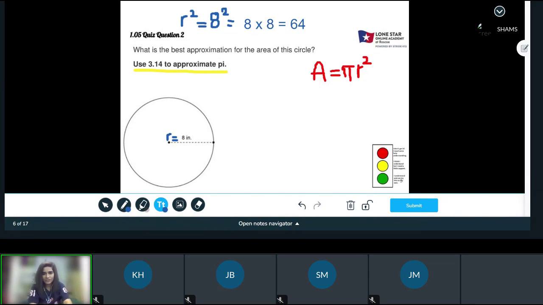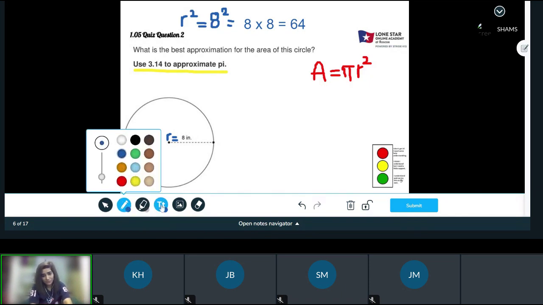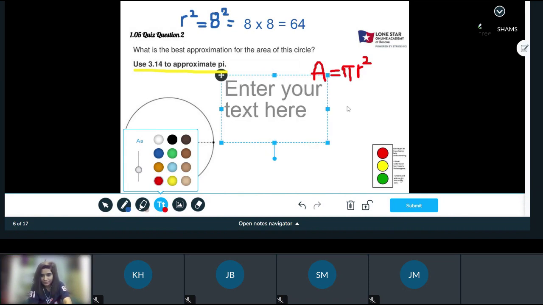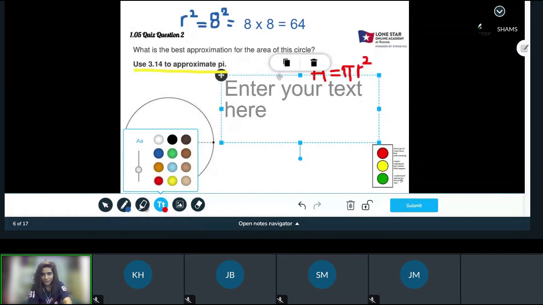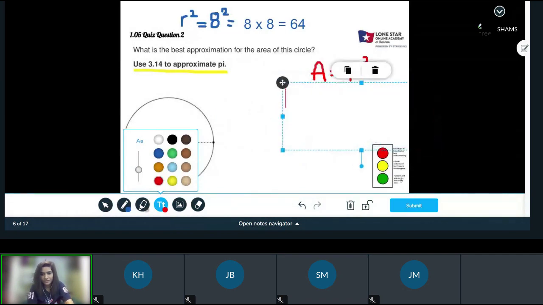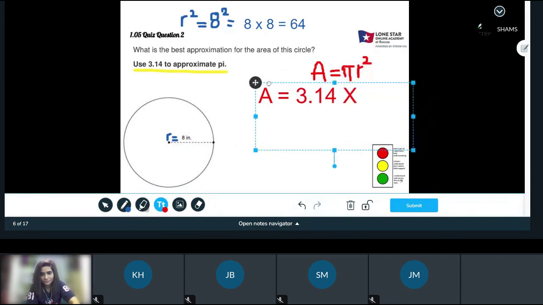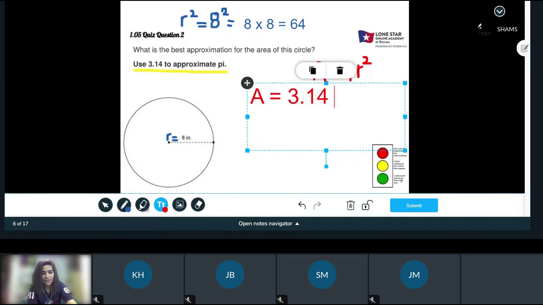There are two numbers we will multiply to find area of the circle. And those are pi times r squared. So area of the circle is pi, 3.14, times r squared, and r squared is 64.